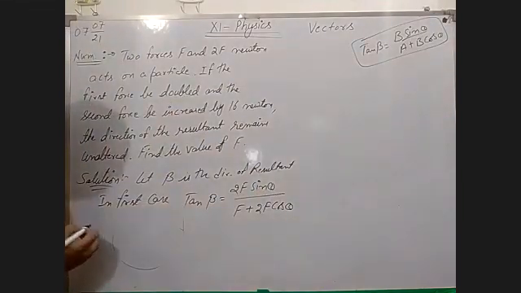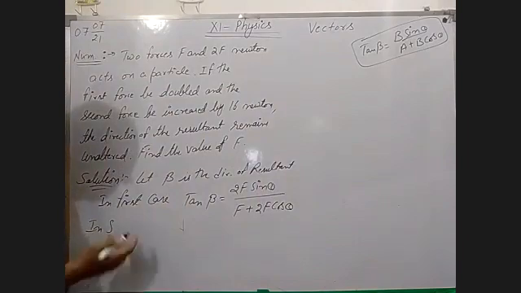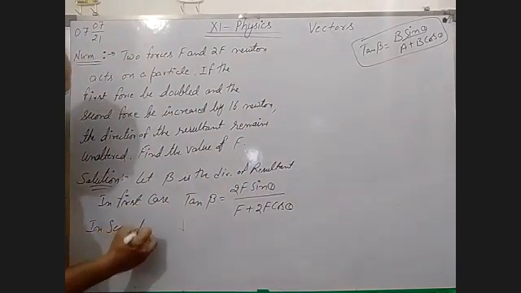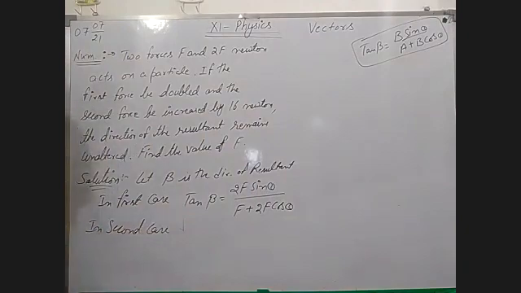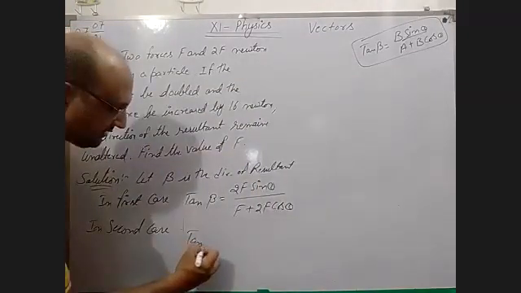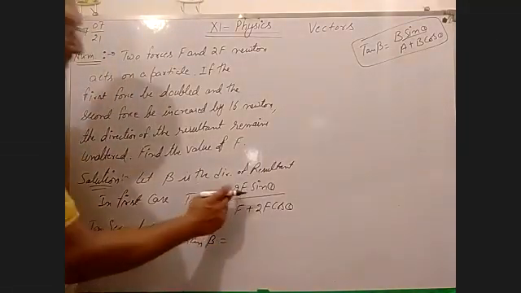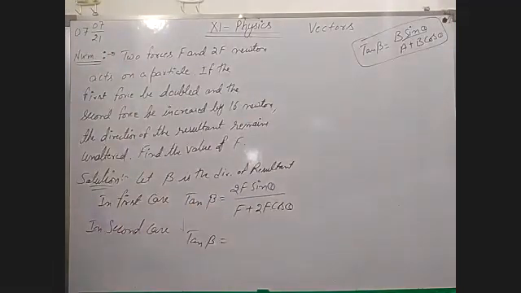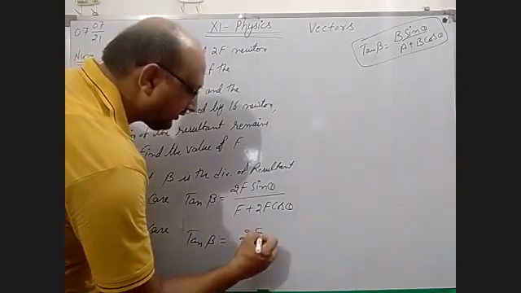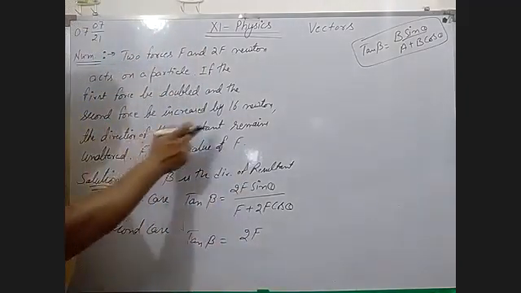Now the second case. In the second case, what is the value of tangent beta? Because the direction is unaltered, there is no change in tangent beta, but there is a change in the force values.